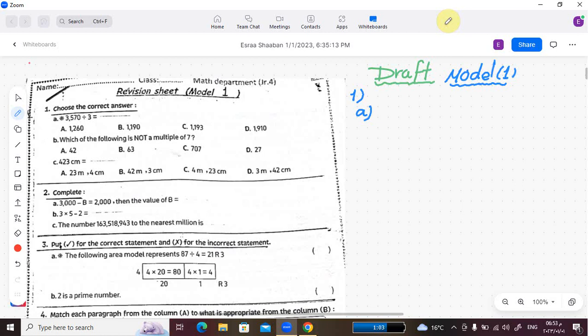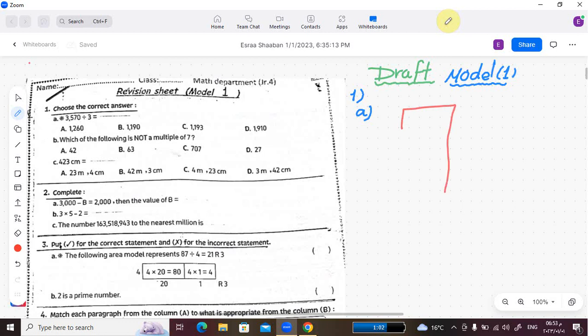Letter A, 3570 divided by 3. Here I'm gonna use the standard division or partial division or area model, anything you want. Let's start with standard division.